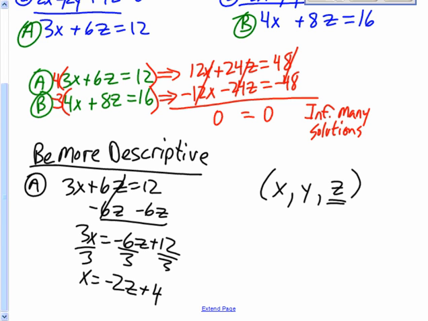So x is negative 2z plus 4, comma, haven't done y yet, and then I have z. I'm trying to describe everything in terms of z.